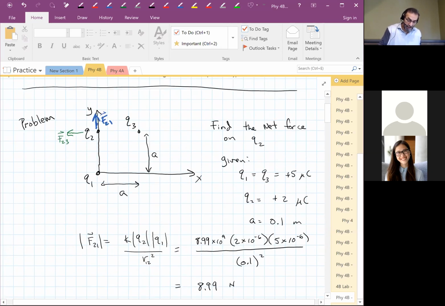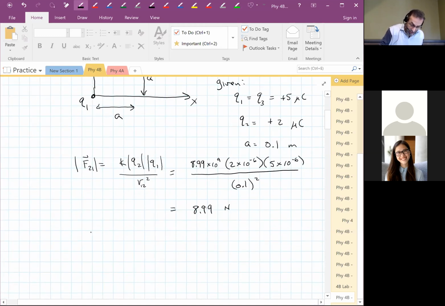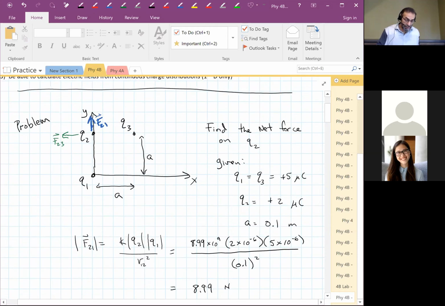Since I've defined my positive X and positive Y directions here, I'm just going to say that the force is 8.99 newtons in the Y direction, or straight up. This is just the force between charge 1 and 2.